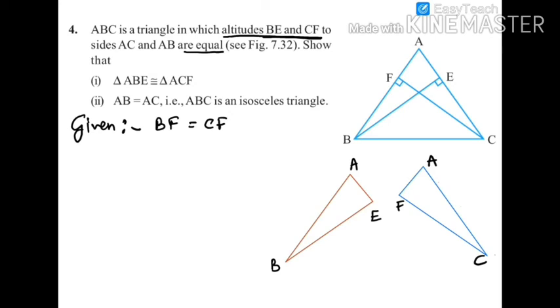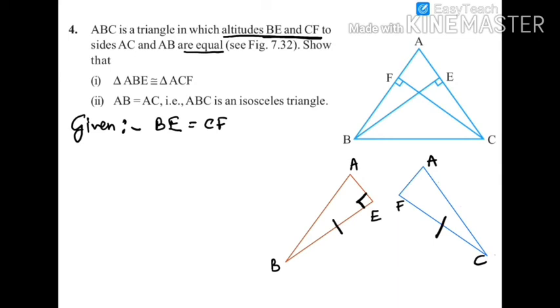Let's mark the sides and the angles that are equal in these two triangles. BE is given equal to CF and BE is an altitude to AC, so BE will be perpendicular to AE.